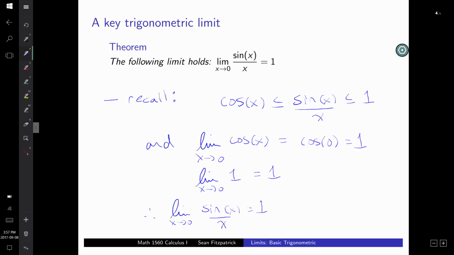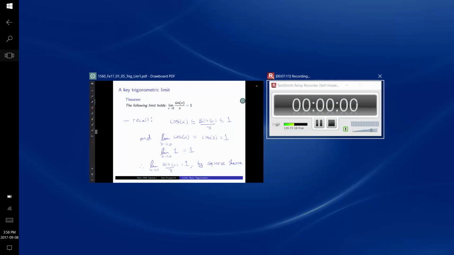And why is it equal to 1? Because sine x over x is squeezed in between these other two functions. They're both going to 1, and so the squeeze theorem guarantees the result that we want. Alright, in the next video we're going to put this limit to use in some concrete examples.